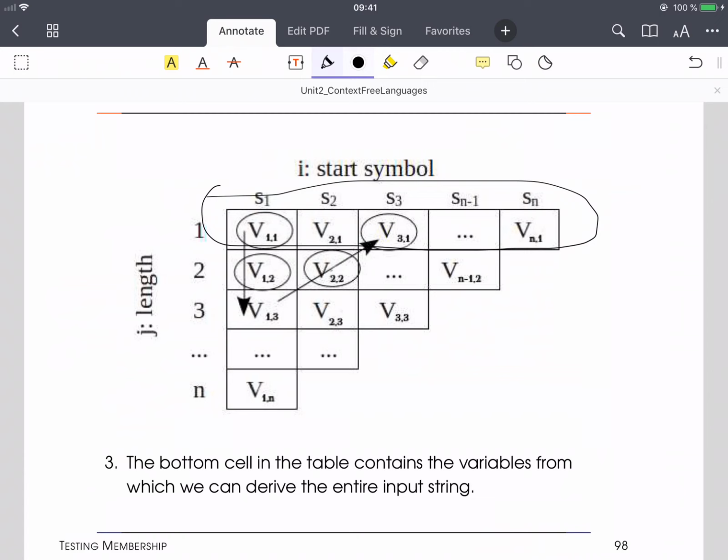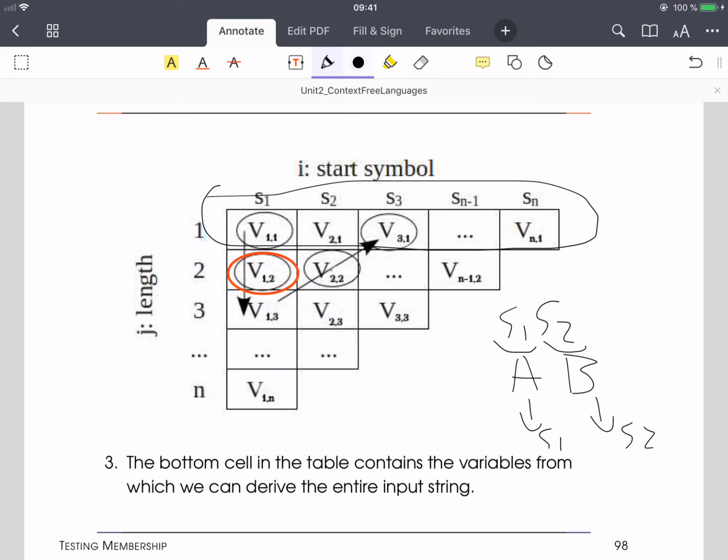For the second row, when we want to check, for instance, what are the variables in this set, remember that here we are generating the words of the form S1, S2. And we need variables that generate a pair of variables, let's say A and B, and A generates S1 and B generates S2.